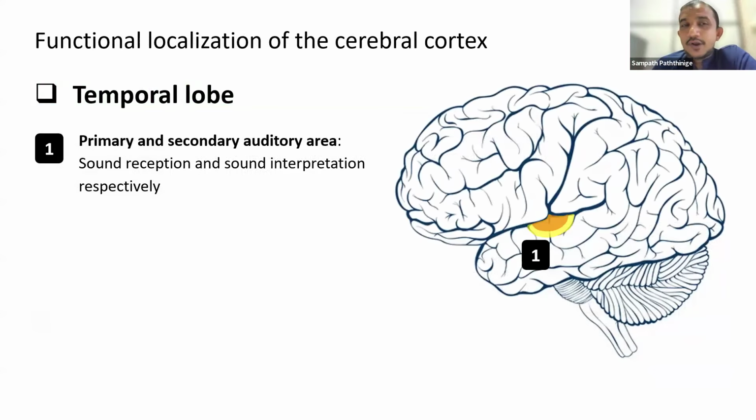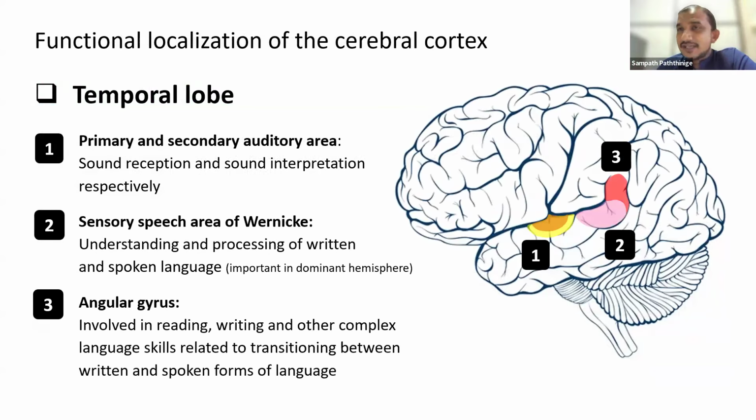Right, so the temporal lobe has the auditory areas, the primary and the secondary auditory areas. It has Wernicke's area, that is the area which helps us to understand the language, right? And towards the terminal end of the lateral sulcus, there is an area which is the angular gyrus, which is for the more language functions like reading and writing.